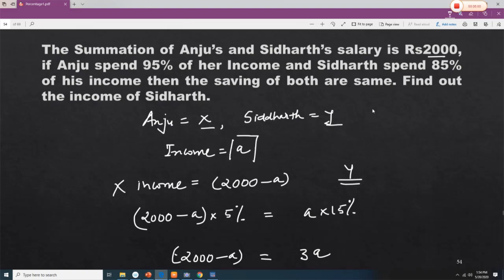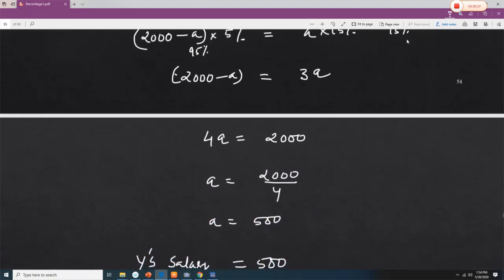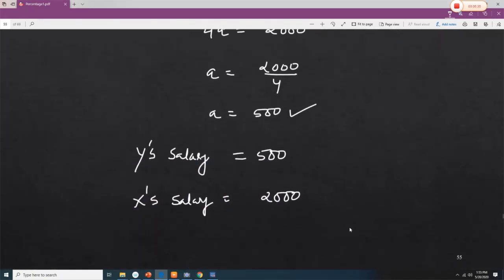So let us assume A is the income of Siddharth. So the income of Anju is 2000 minus A. So 2000 minus A into 5%, because 95% of income is spent, and for Siddharth 85% spent means the remaining 15% is the saving. So (2000 minus A) times 5% is equal to 15% of A. So 4A is equal to 2000. So A is equal to 2000 divided by 4. So A is equal to 500, and Siddharth's salary is 500 and Anju's salary is 1500.